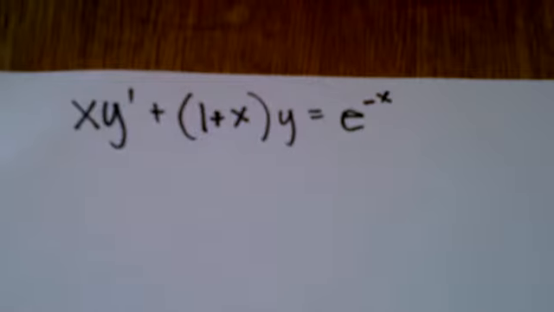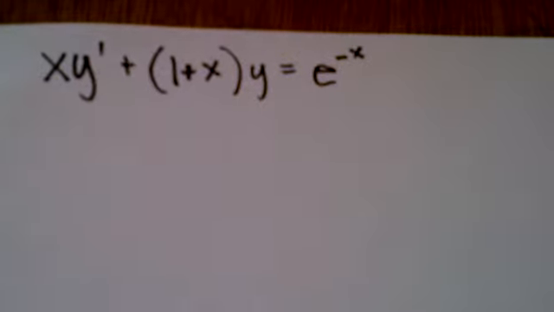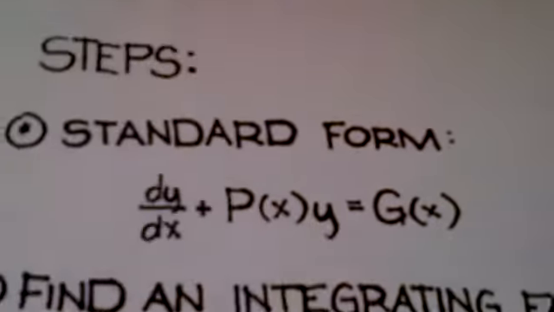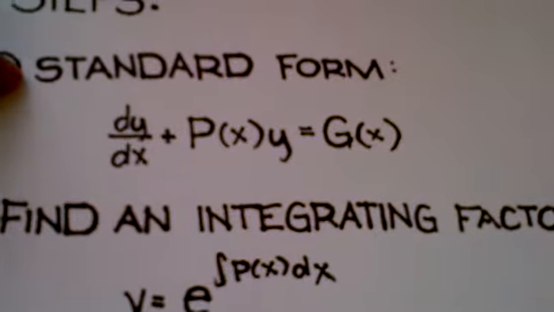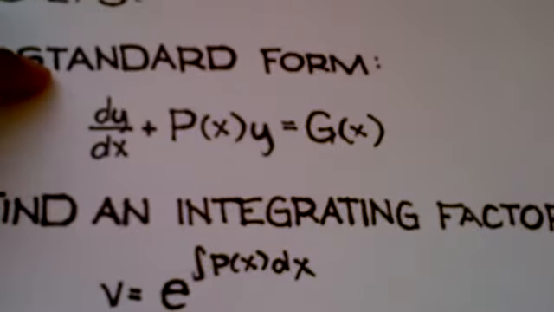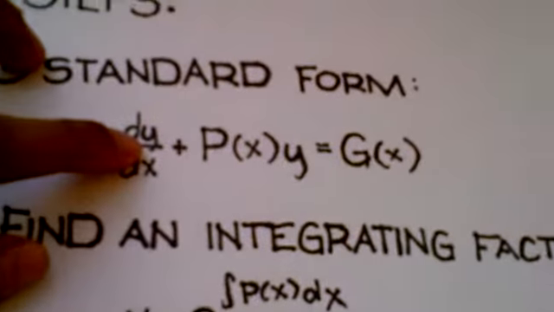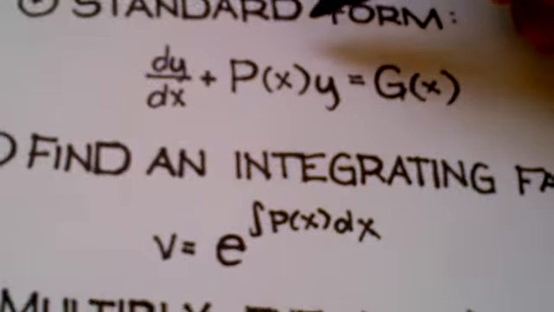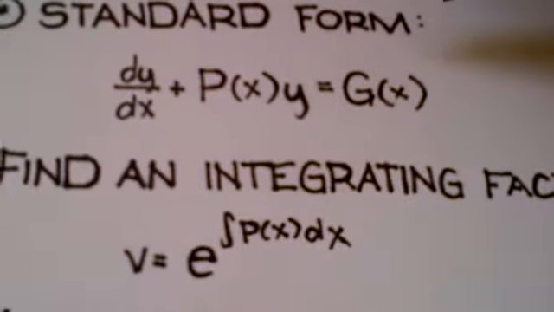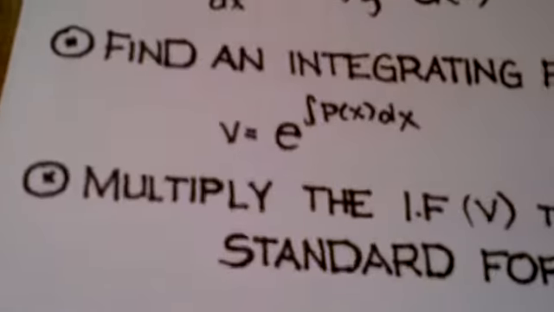In order to solve this kind of differential equation, here are the steps for solving linear differential equations. First, we're gonna convert or simplify the given equation to the standard form, which is dy over dx plus the function p in terms of x times y is equal to the function g in terms of x.